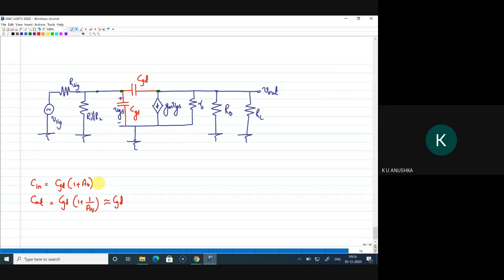The main signal path gain, yes. All right, I'll check with Kartikeya. Kartikeya, can you tell me what is the gain of this circuit?